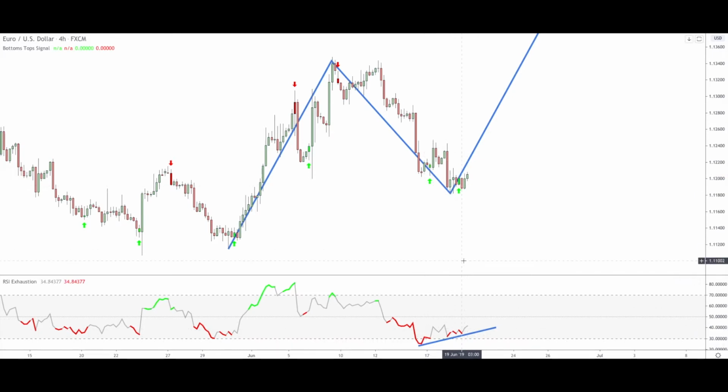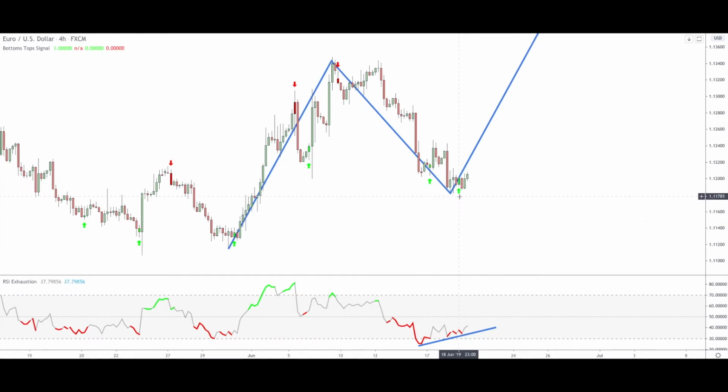The second rule is to have the RSI exhausted so that it is red, and this is the color that our RSI exhaustion gives to the RSI. So that's the extra information that you get with the RSI exhaustion. It is exhausted because you see that it's red down here, and also it is red when we got this bottom here.